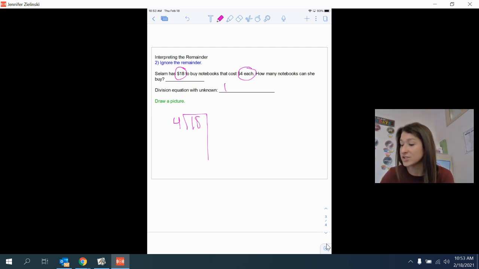We're going to write our equation as 18 divided by 4 equals n for notebooks, and think about how many times 4 goes into 18 without going over. 4 times 4 gets me 16. When I subtract, I have a remainder of 2. I know this is less than my divisor, so I have 4 remainder 2.